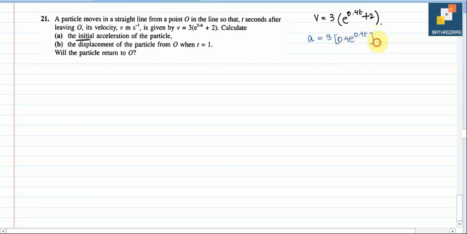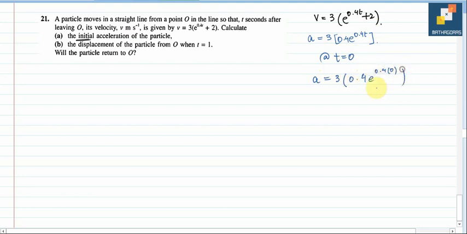So we have differentiated the equation, and now it asks for the initial acceleration, that means at t equals 0. You have your acceleration 3, inside the bracket we have 0.4t, 0.4, and the value of time is 0.